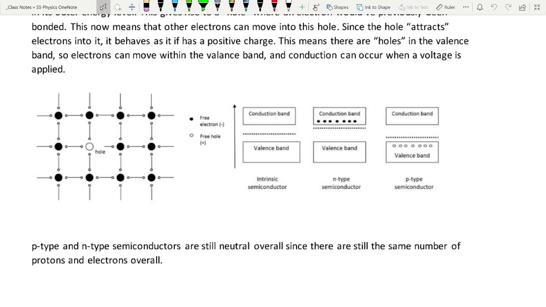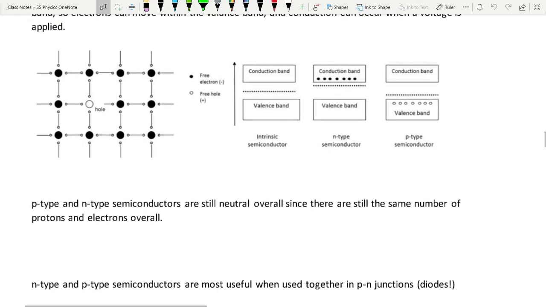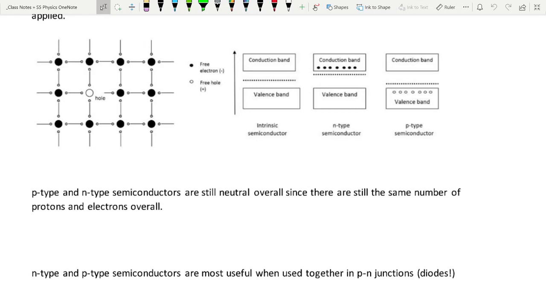P-type and N-type semiconductors are still neutral overall, since there are the same number of protons and electrons overall. Okay, so even though we've got a hole there, this atom here has got 3 electrons and 3 protons. Okay, so they cancel each other out overall.